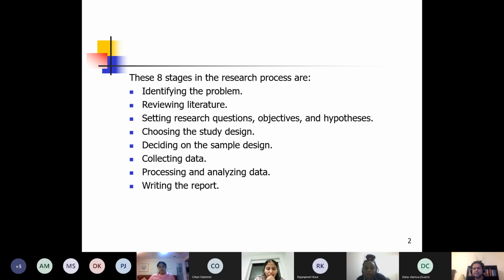I will use previous researches, I will use magazines, I will use books, I will use the mass media in order to gather information. Okay? So that means that I will only depend on secondary sources, and I will not use any primary sources at all. What do we call this type of research? This type is called a desk research.